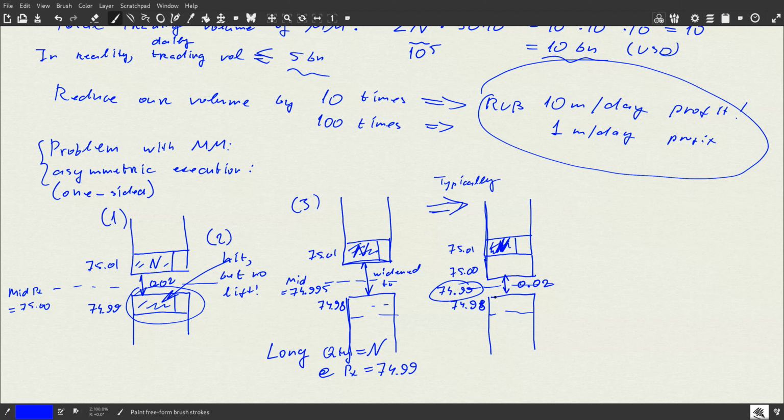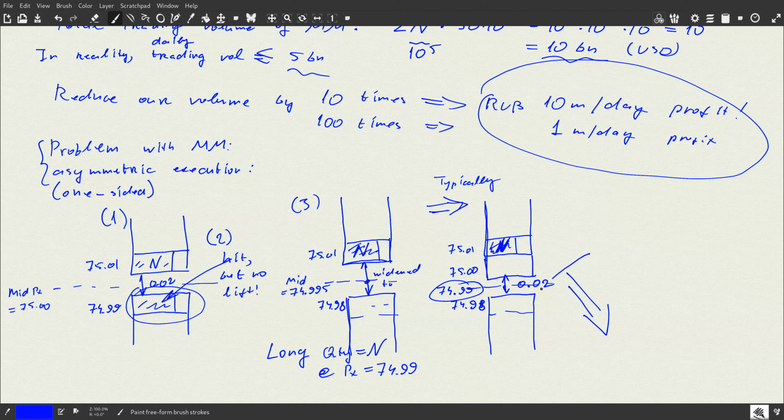Typically, if an order book bid level, for example, at 74.99 was completely eliminated by a hit, it gives rise to a microtrend. So you see that the mid price is already decreasing. It was 75.00, then it was 74.995 here. Now it is 74.99. And this may continue.